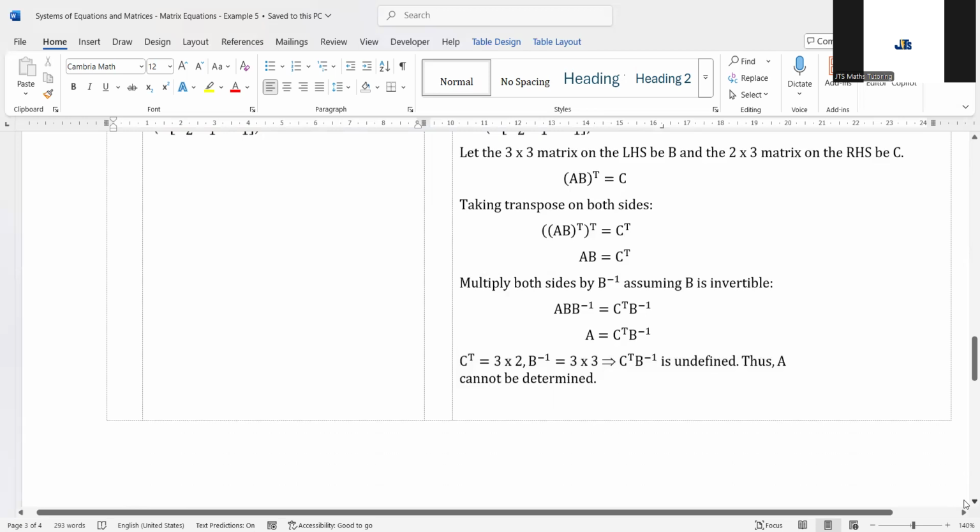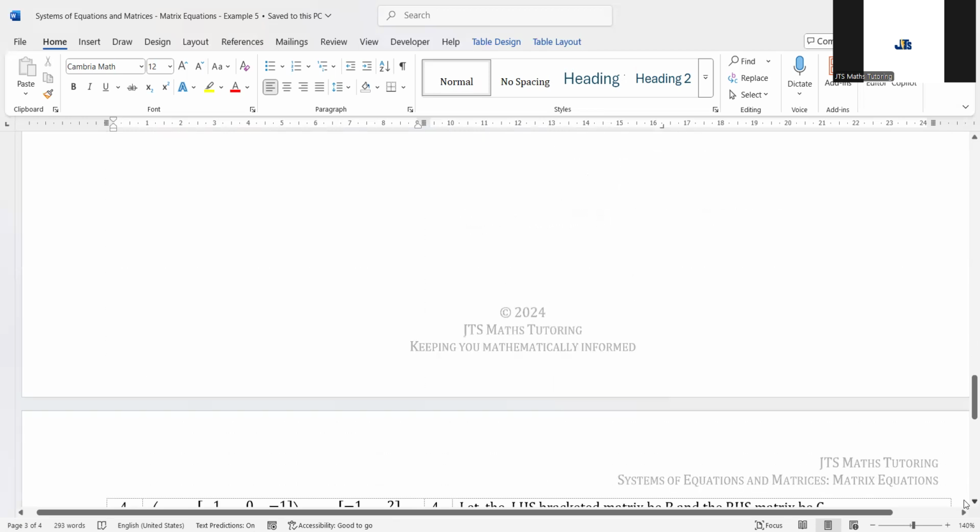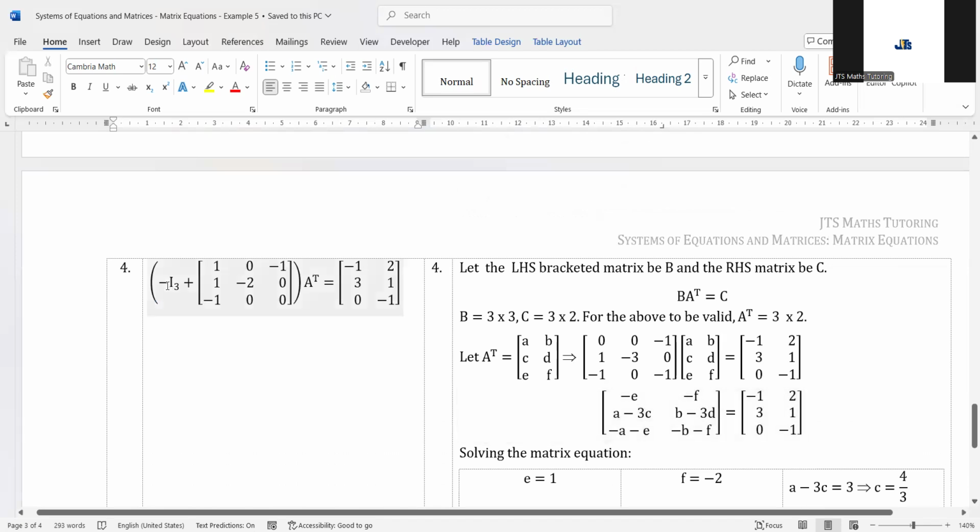Let's look at question 4. Question 4 is very similar to what we just did. But first things first, you need to take care of what is inside the brackets. Then for this to be defined, it means the A transpose is supposed to be a 3 by 2 matrix. So let that be this.